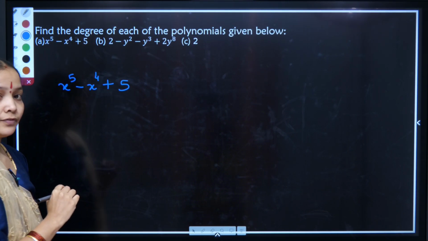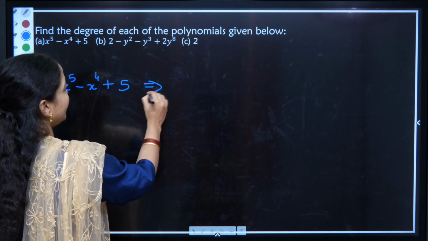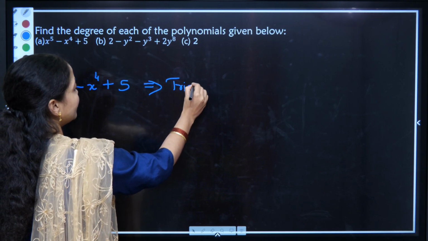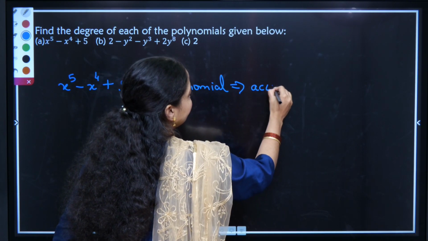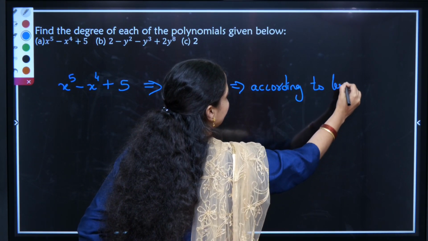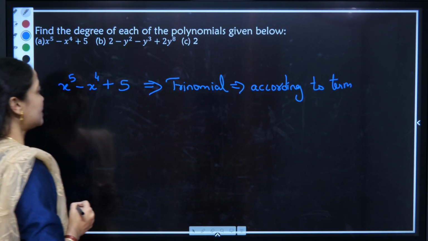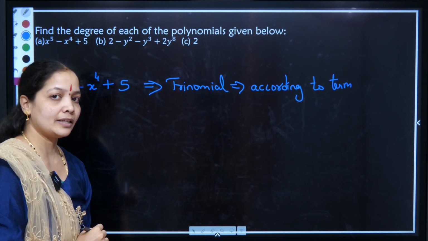According to terms, if we are segregating, there are three terms and we call this a trinomial. The name can be given as trinomial according to terms. First term is x power 5, second term is negative x power 4, third term is plus 5.